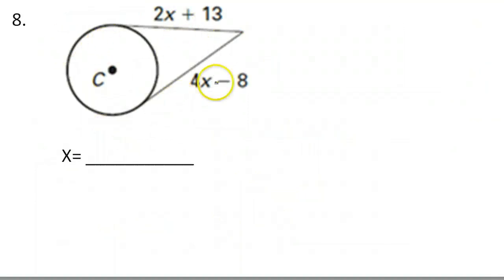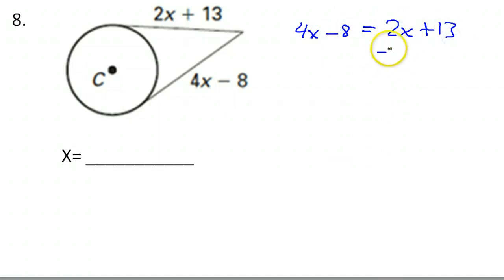Same thing for number 8. These tangent segments are going to be congruent. So that means 4x minus 8 is going to equal 2x plus 13. So subtracting 2x from both sides leaves us 2x minus 8 is equal to 13.